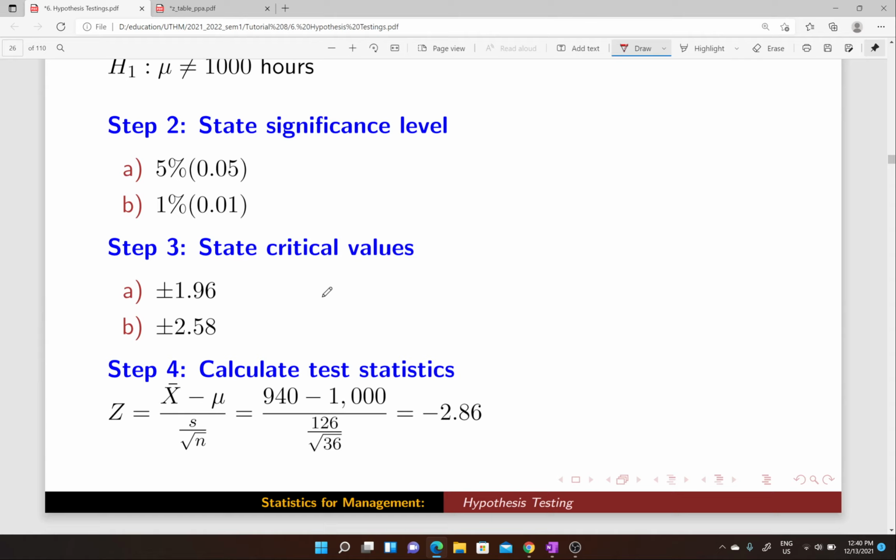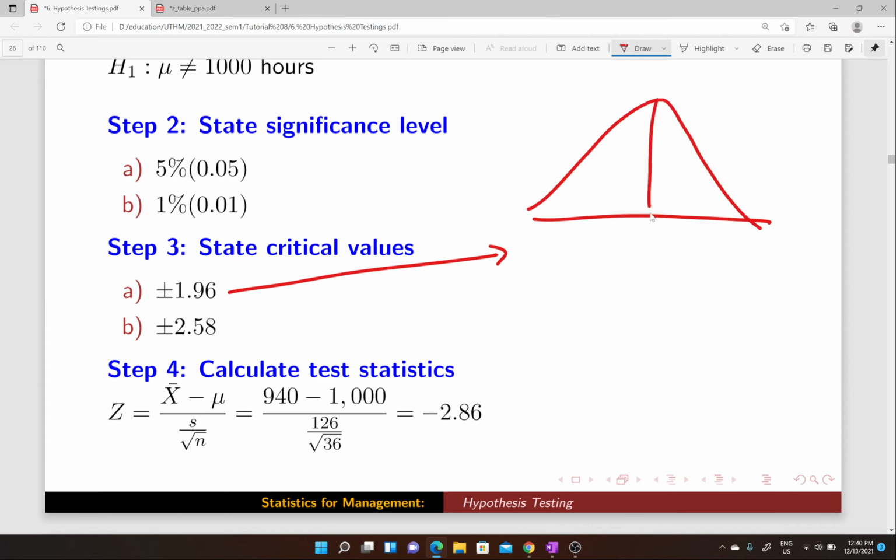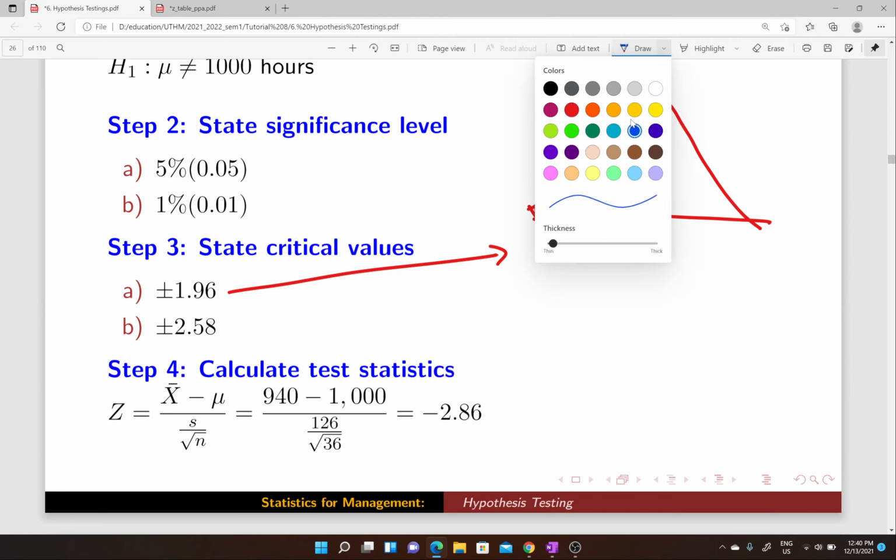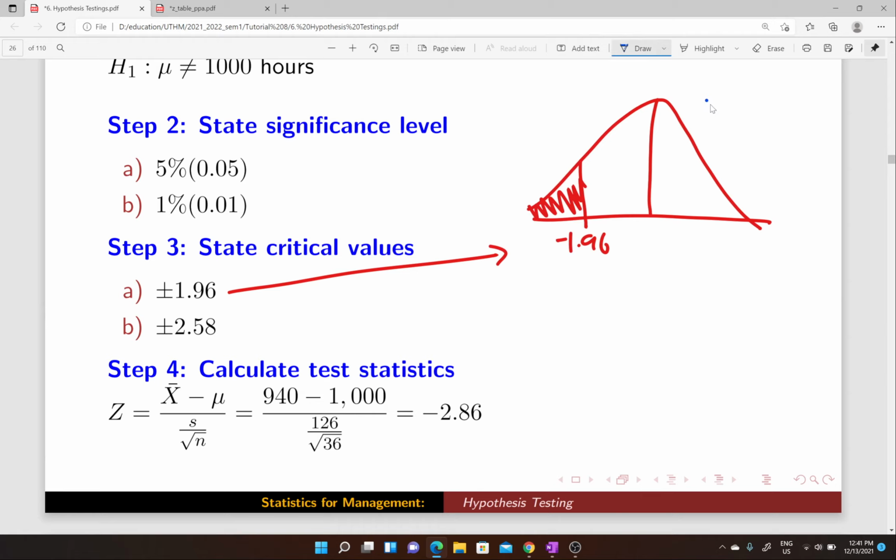Then you have to find the test statistic. Here the test statistic is negative 2.86. This negative 2.86 is somewhere here, so it is in the rejection region.